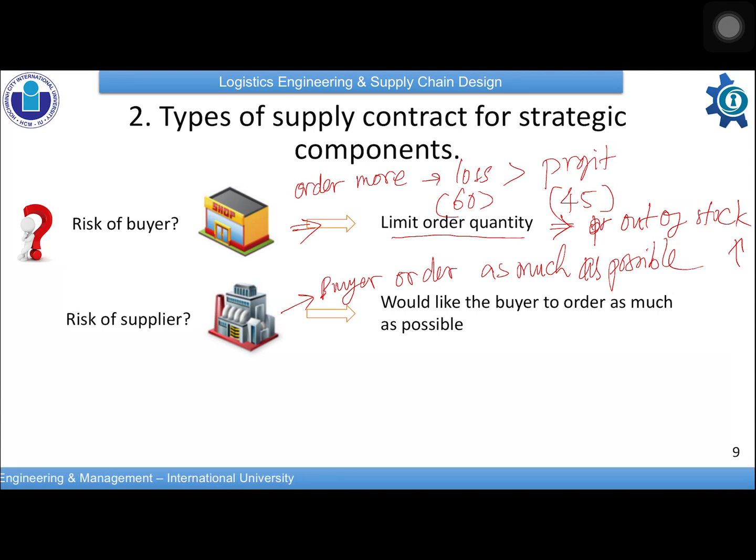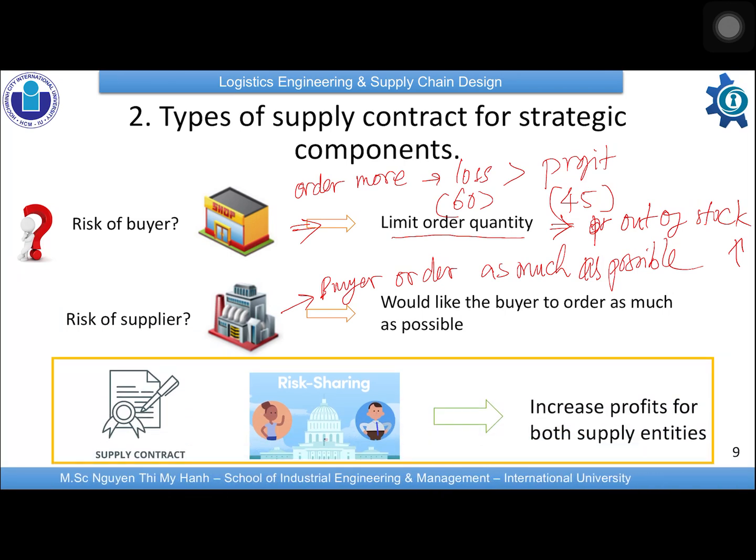And when it increases, they might lose their customer. The customer might go to their competitor. And also they will decrease their revenue, right?